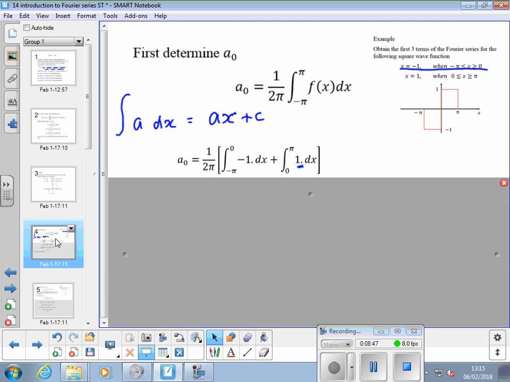So what we're saying is if we integrate a constant, the variable comes back plus the constant of integration. Yep.